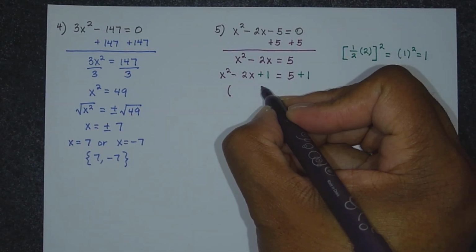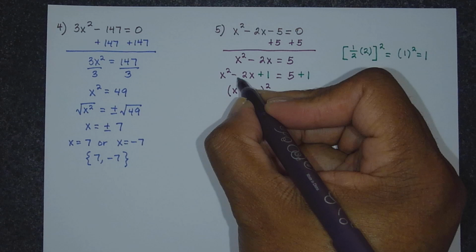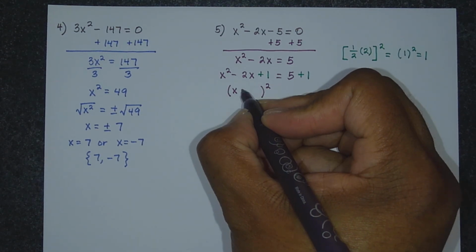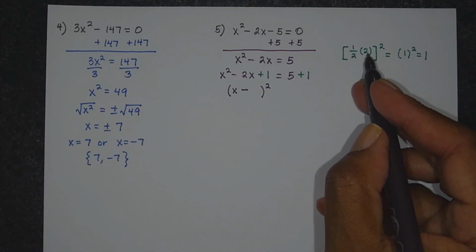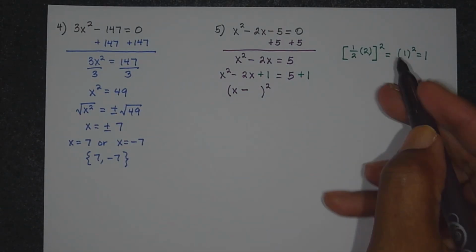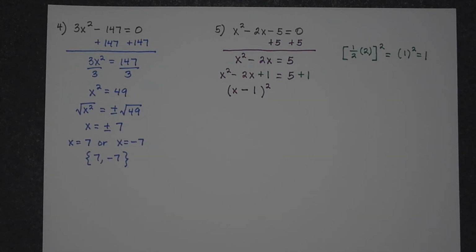So to do that, because I know I'm having a square here, the x squared would be x. This middle term has a minus sign, so I know I'm going to have a minus sign here. And if I took 1/2 of 2, that ended up being the 1. So that 1 goes right here. So this would be x minus 1 quantity squared.